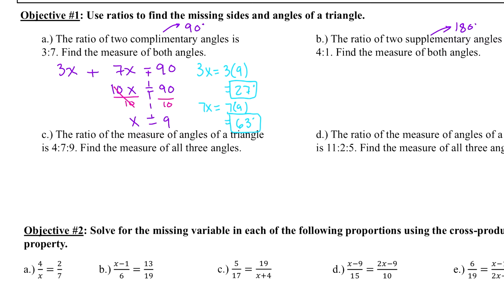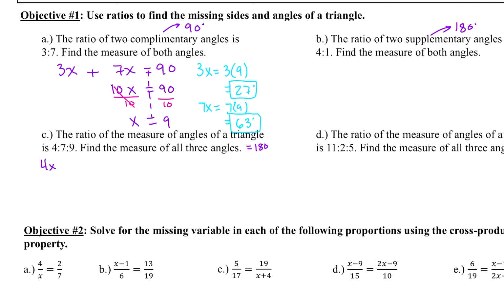Part C says the same thing, but they gave us a ratio with 3 numbers here, 4 to 7 to 9. That's weird. But it says the ratio of the measures of the angles of a triangle is 4 to 7 to 9. Find the measure of all 3 angles. Well, I know that a triangle always has to add up to 180 degrees. Every triangle of 3 angles always make 180.